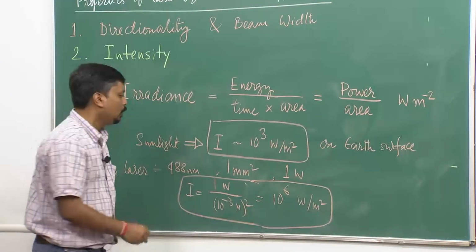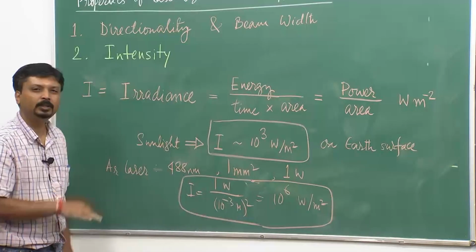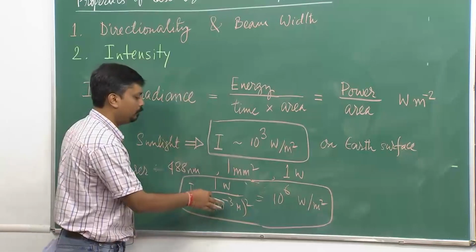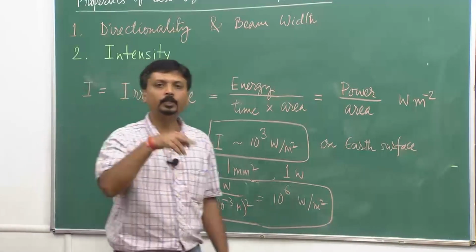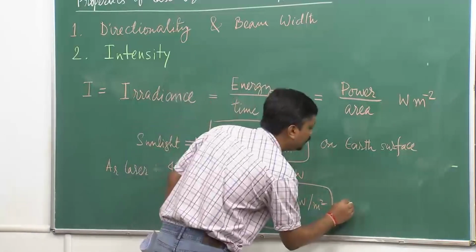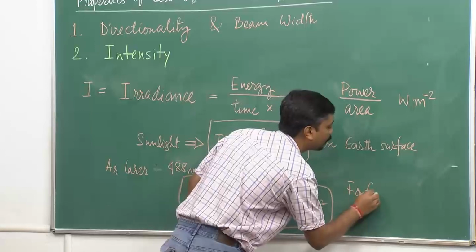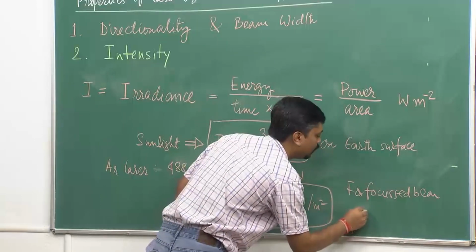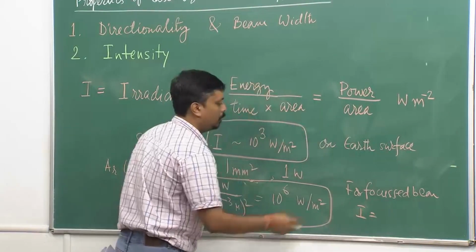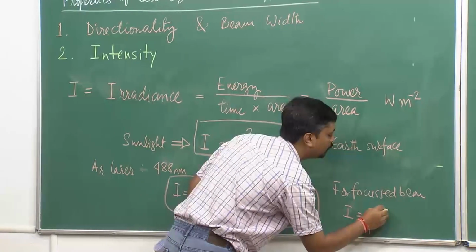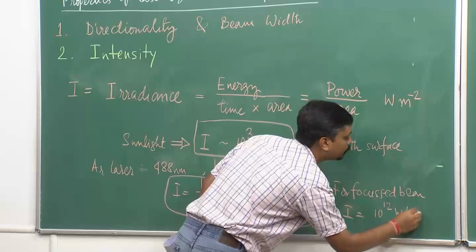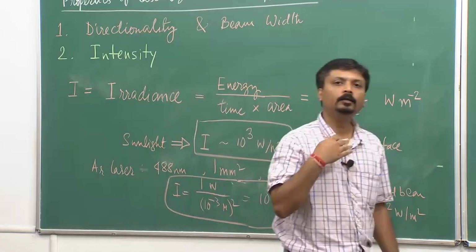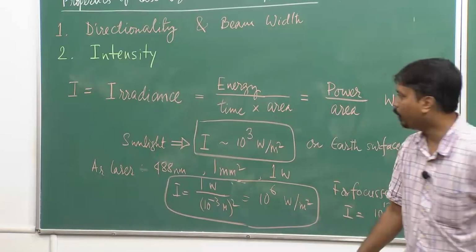Considering 488 nanometers, say approximately 250 nanometer, and converting that into area assuming a circular beam, for the focused beam you have I equal to 10 power 12 watt per meter square, which is really high, much higher than the irradiance of sunlight on earth's surface.